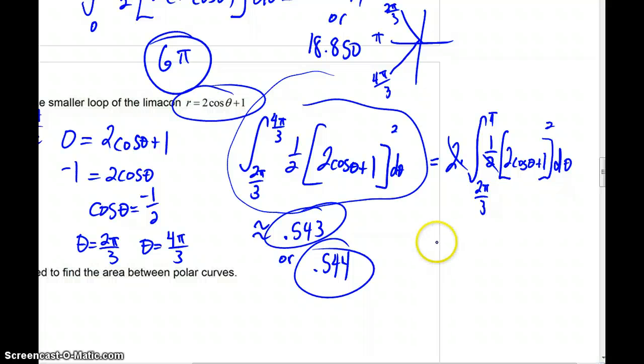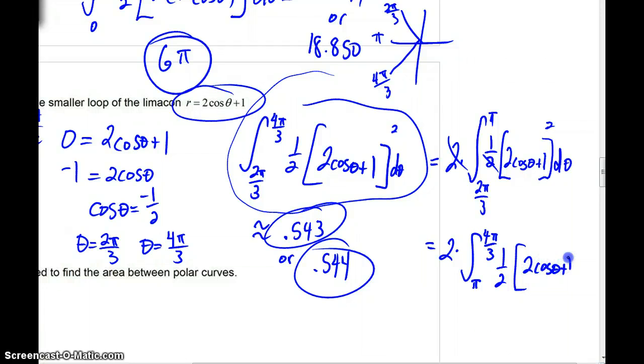Likewise, we could also have gone 2 times, well, how about from pi to 4 pi over 3? That would also be half of that inner loop area. Something to keep in mind on a multiple choice test. This would be another form of that area.